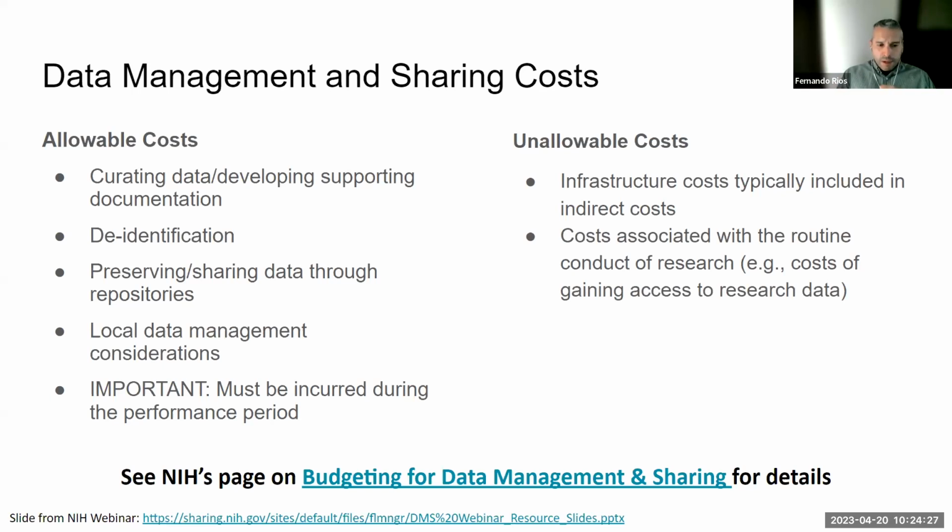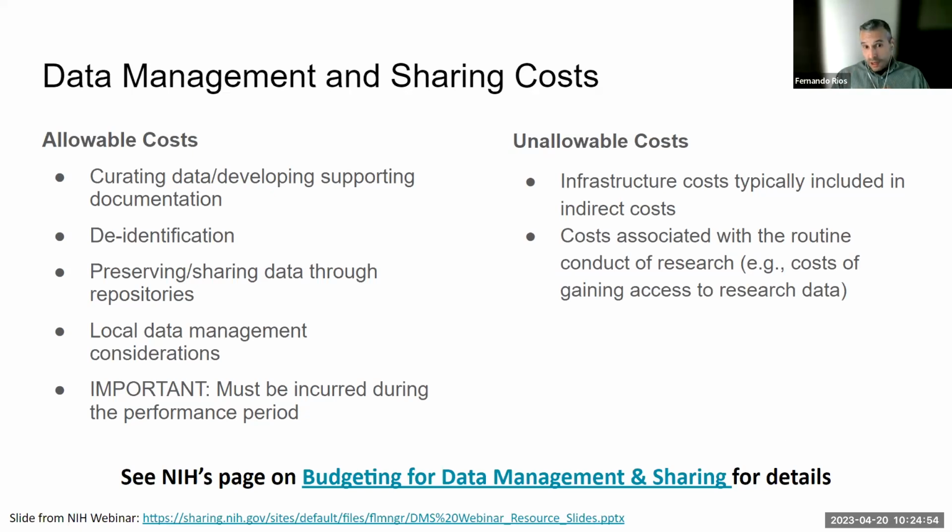And the allowable costs, whatever they may be, the key point is that they have to be incurred during the performance period. So this is especially important if a PI is saying that they're going to deposit a data set into a repository that charges money to make something available over the long term. So that cost is allowable, but it must be prepaid during the performance period.